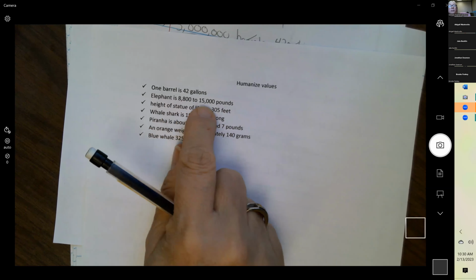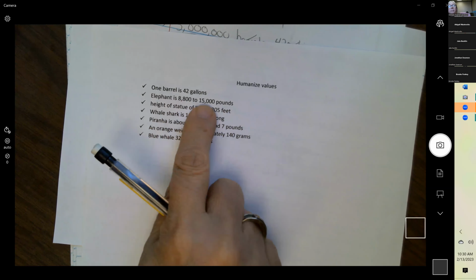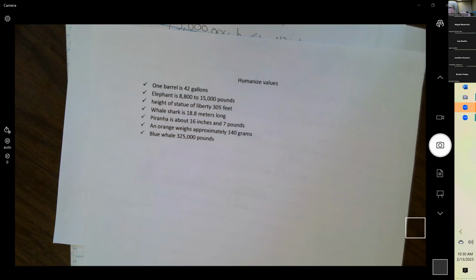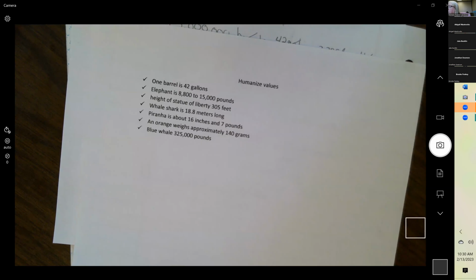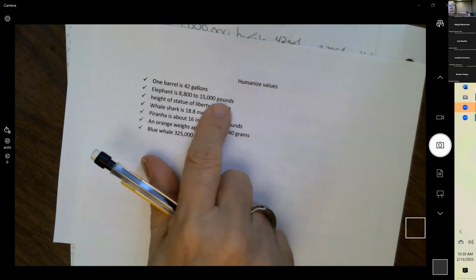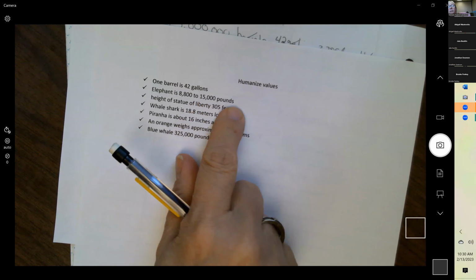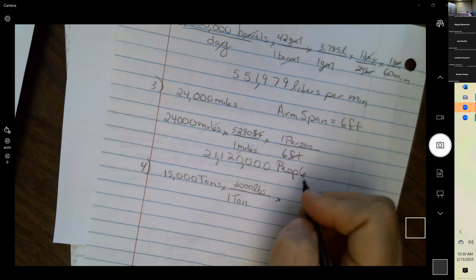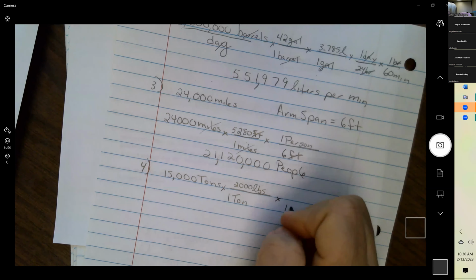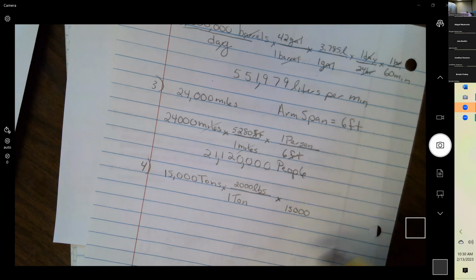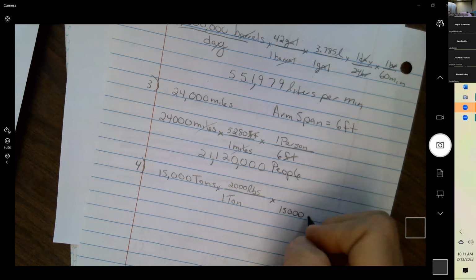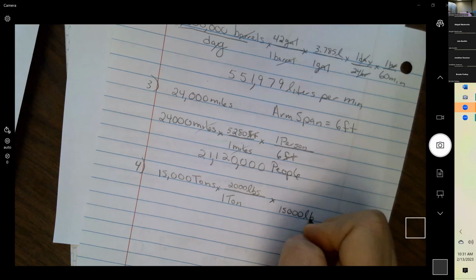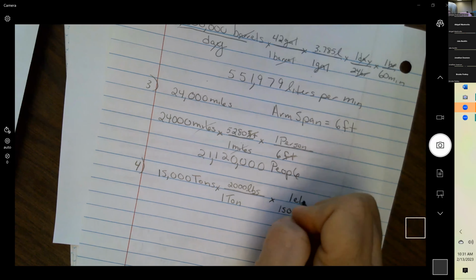I'm gonna go with the largest elephant and the 15,000. Wait, that's what it was, wasn't it? Yeah. Okay, so that's kind of cool to look at, the 15,000 pounds. If we use that one, it should divide evenly. 15,000 pounds is one elephant.